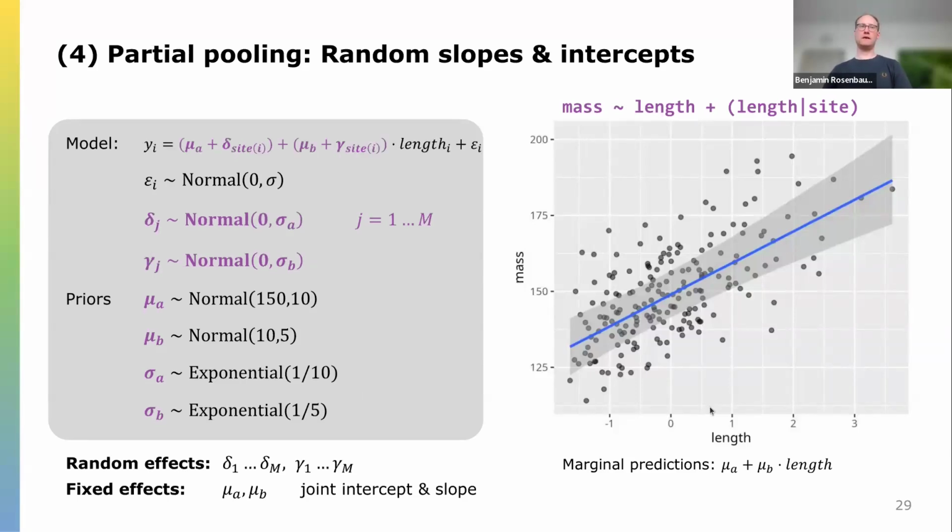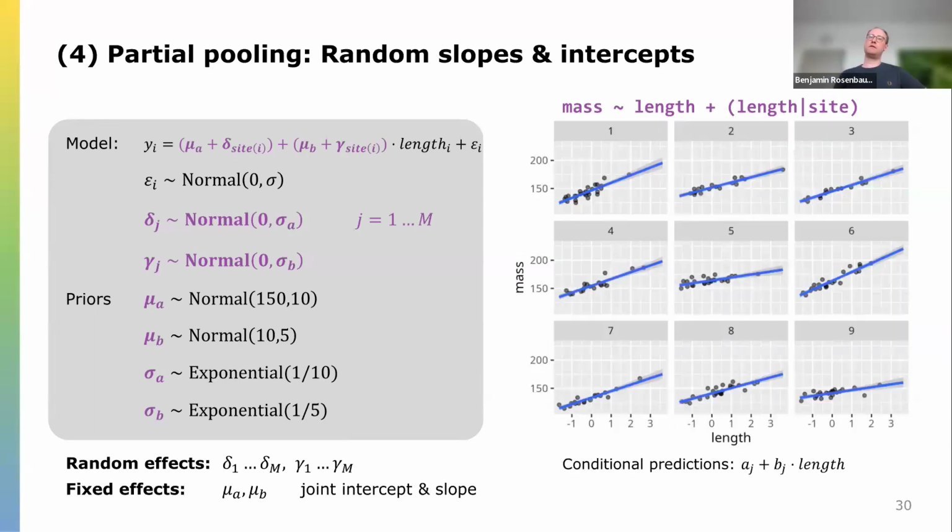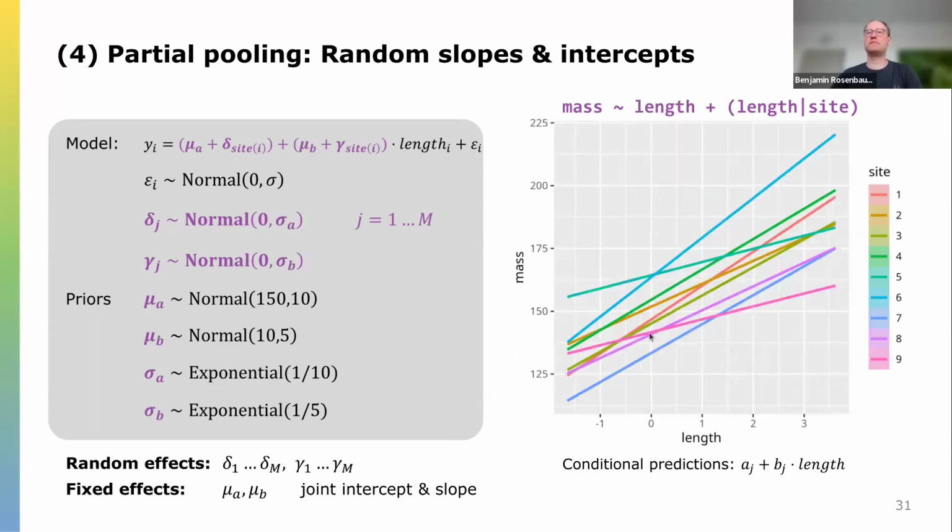And you can again write this in this other way, where you have the overall mean intercept and its deviations plus the overall slope and its deviations. The model is still the same. You could also look at the conditional predictions now. So you see that the slopes are allowed to vary as well. And this is called a conditional prediction, so conditional on the site level here. They are varying.